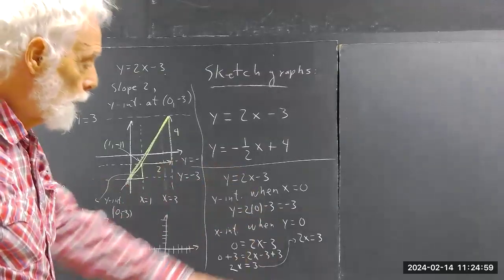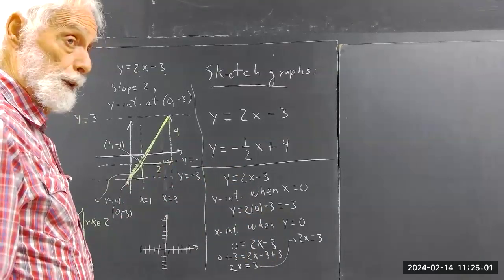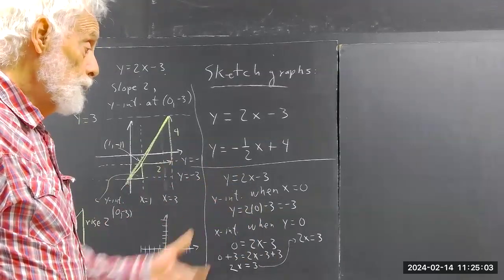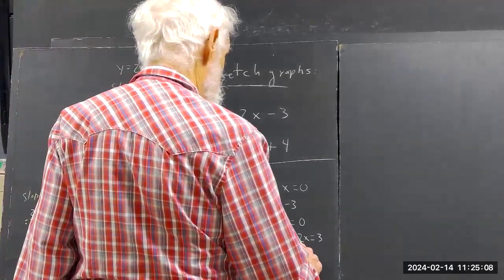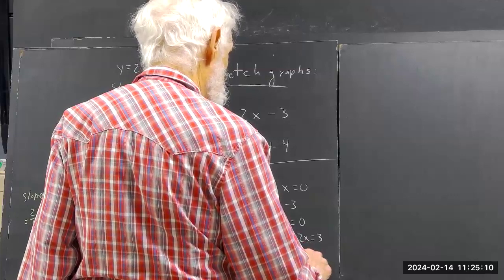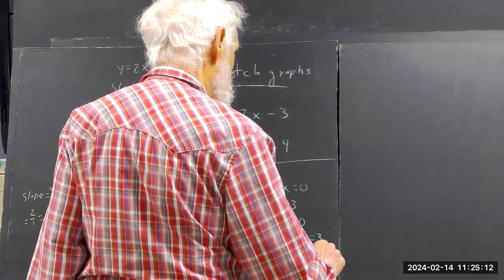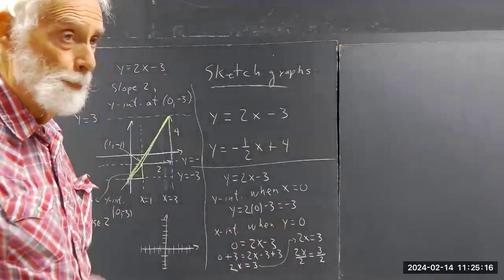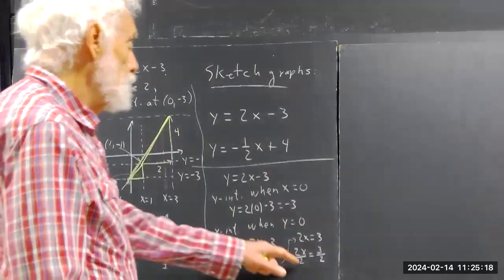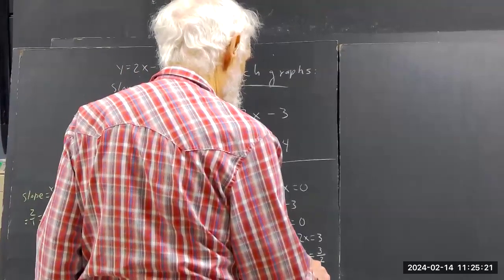What do we do to both sides of this equation to solve for x? We don't shortcut it. We write out all the steps. We don't write out what we think it ought to look like, we write out what it is. Okay, so we divide both sides by 2. Then the 2 divides the 2, leaving us x.